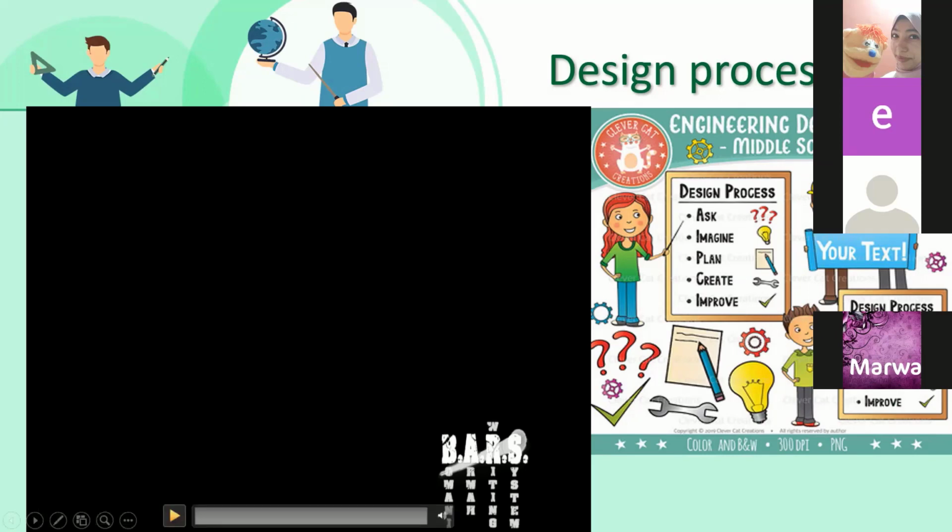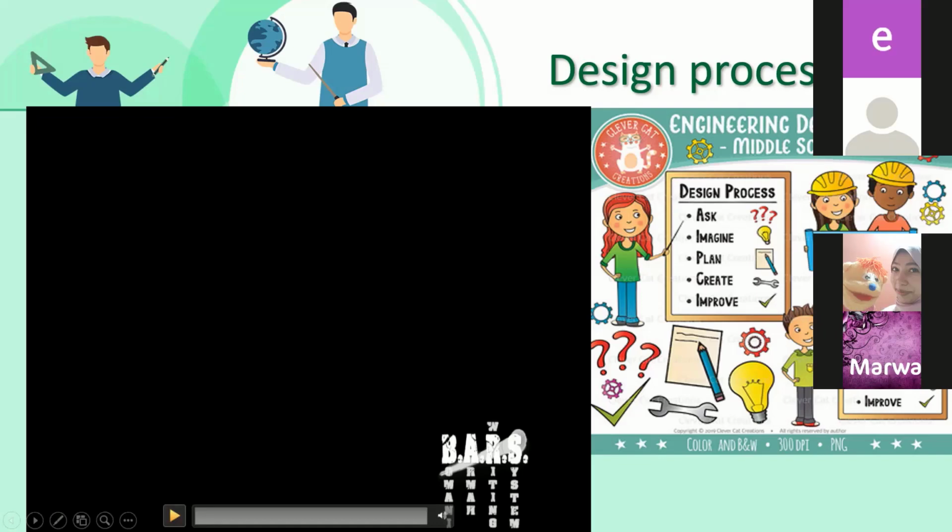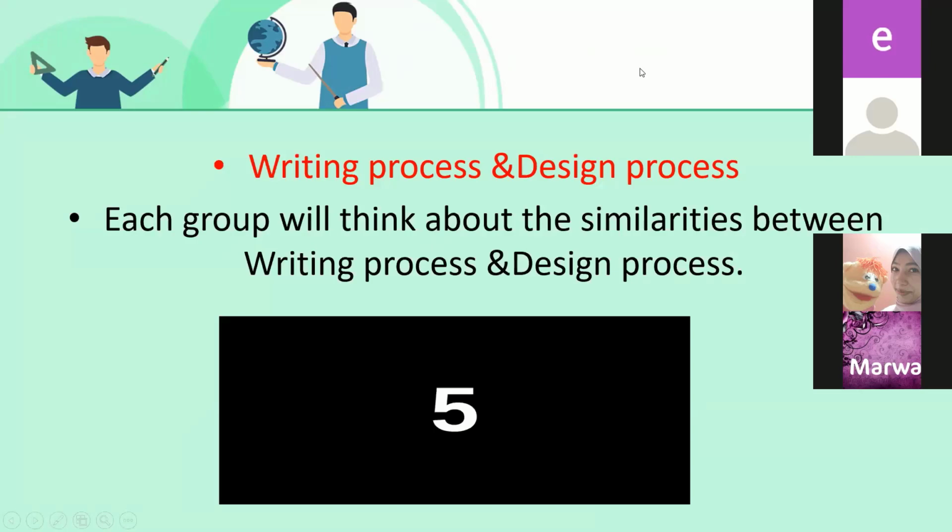As we know, the design process is not just for designing a program. We can use the design process for any problem that we face, even in our daily life problems. As we talked about in the last lesson, we were talking about the writing process.